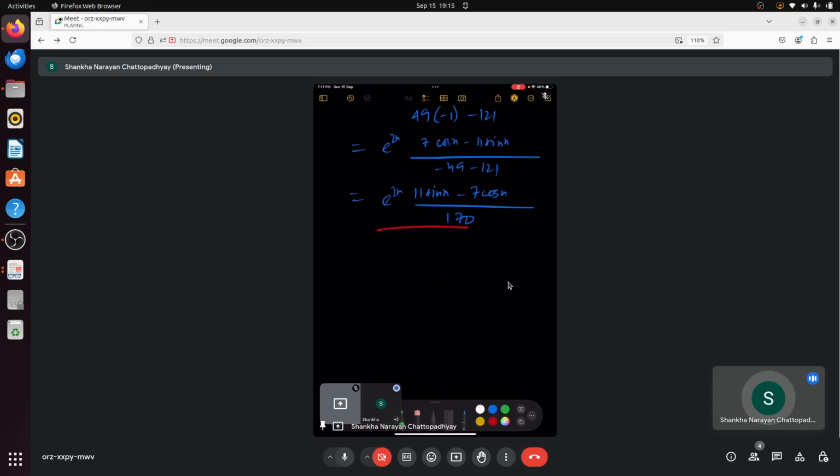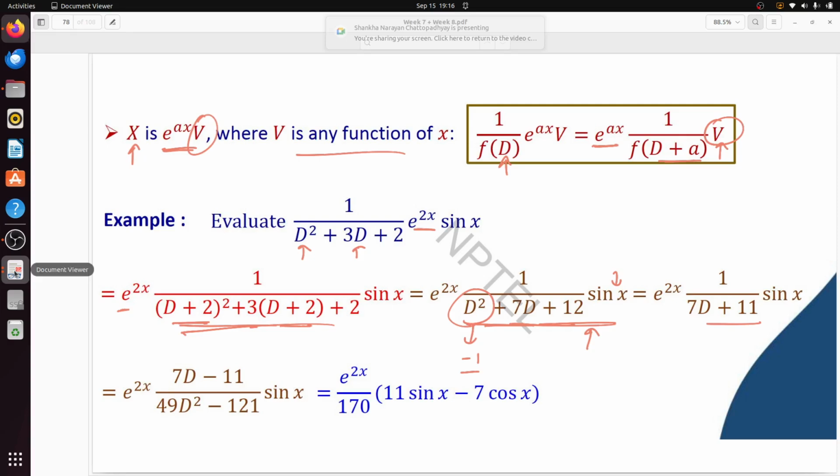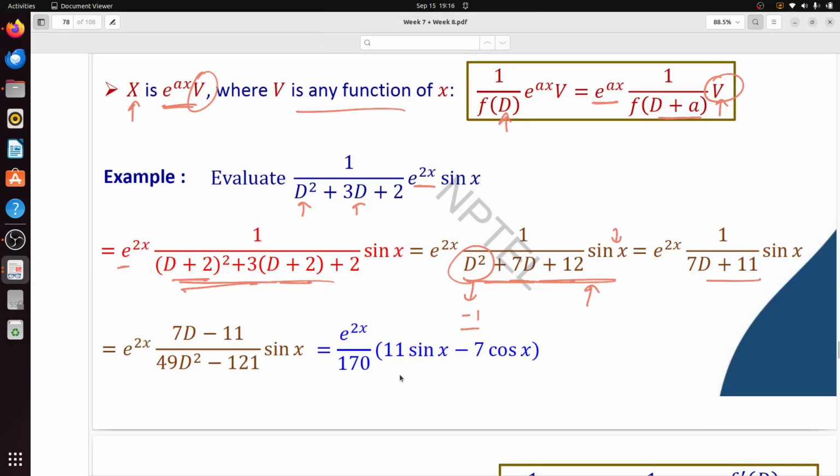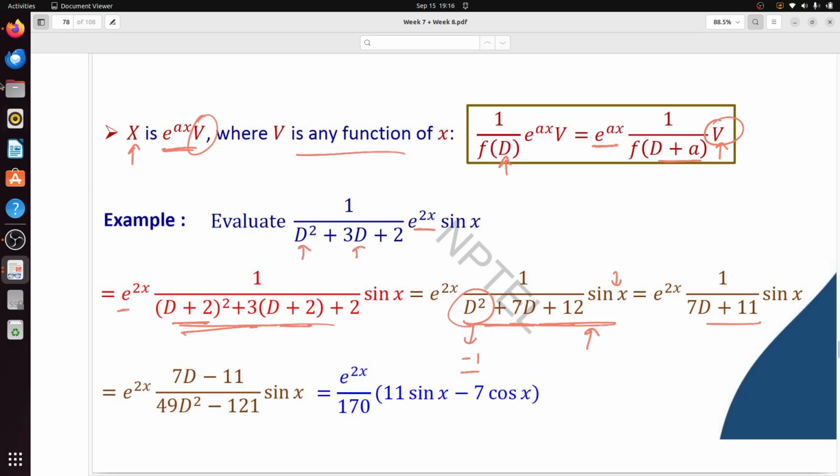Are you also solving with me? Then you will get this answer, no problem. Right? e to the power 2x by 170.